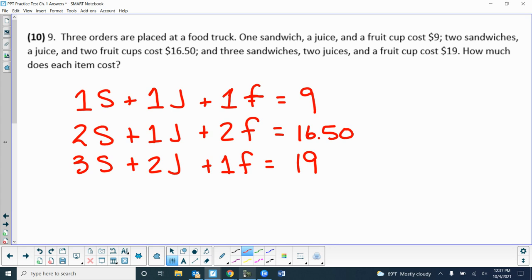Any issues setting those up? Joe, what'd you get? I messed it up. You fixing it now? Yeah, I put 0 juice. Oh, put 0 instead. Okay, if it didn't tell us, if it said no juice, then that would be correct. You do put a 0 in that spot, okay?